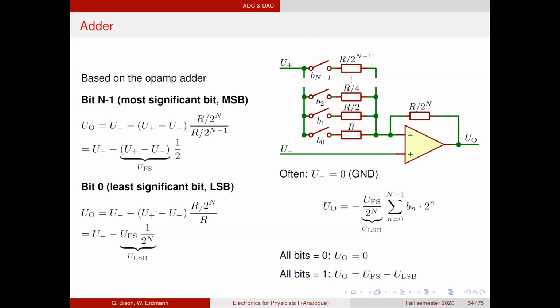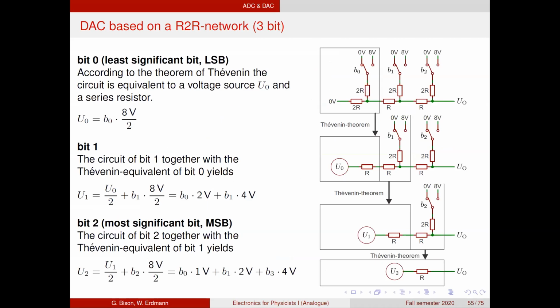If we want a 20-bit DAC, it has to be 1,000,000 times smaller, which means that we have to have resistor values in our system that change by 6 orders of magnitude. And as we've seen, large resistors produce a lot of noise, so that's not ideal to build a nice system. And there is a really clever trick to avoid that.